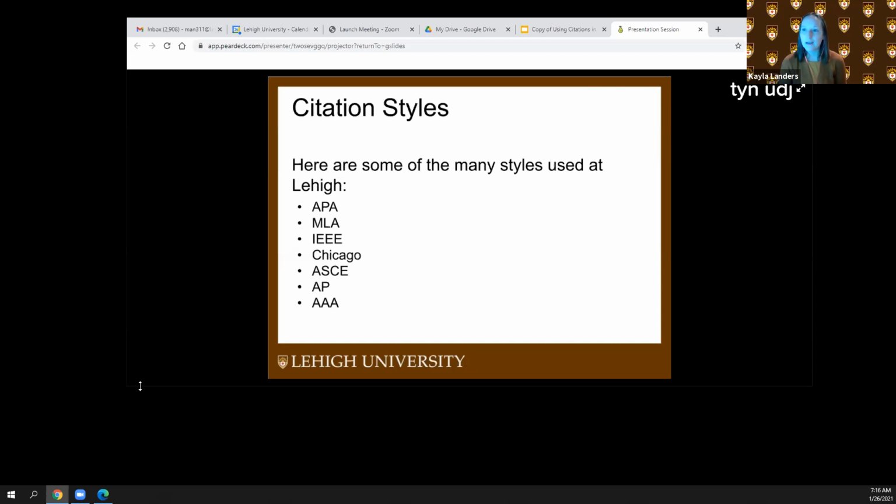Use the guides, use your course textbooks to help you with whichever style you need to use. It's important to follow the guidelines, and there are some easy basics we'll talk about, like what should be in text. But there are very fine nuances that change depending on how many authors or exactly what type of source it is. Don't expect to memorize that.